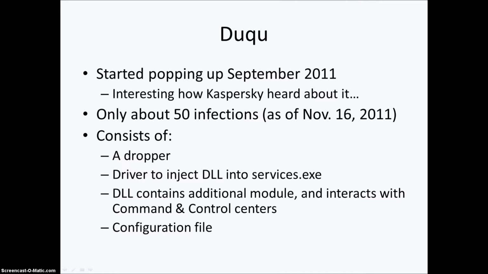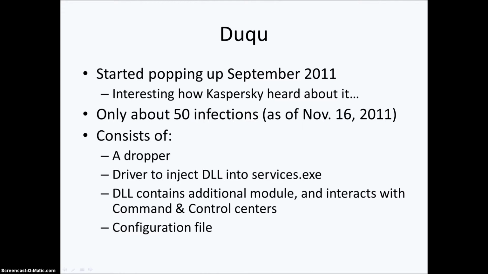It first started popping up on radars in about September of 2011, so not terribly long ago. And it's really interesting how Kaspersky, which is one of the primary antivirus companies that was doing research on Duqu in the past couple months, came upon Duqu. From what I understand, essentially somebody at Kaspersky came across a forum post by some Hungarian server administrator who had found a suspicious binary on his system.